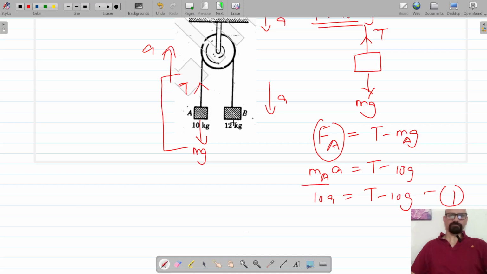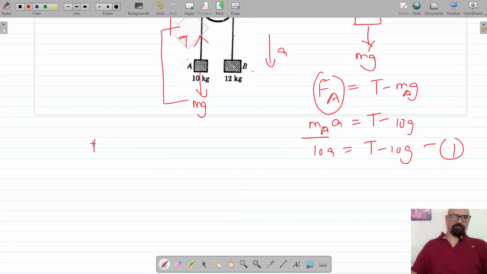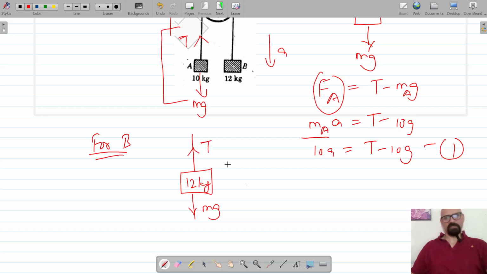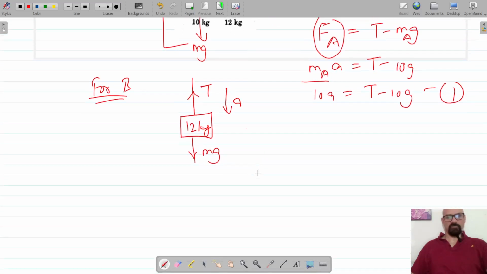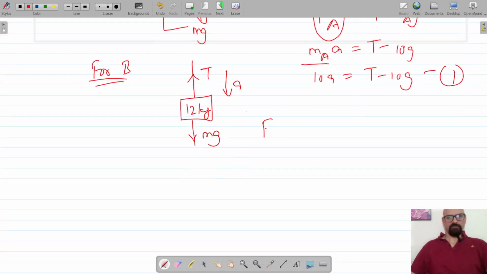Now let's consider the free body diagram for object B, which has mass 12 kg. Its weight is vertically downwards, and this is the tension T. The acceleration is downwards, and the net force on object B is the weight, which is more, minus the tension.